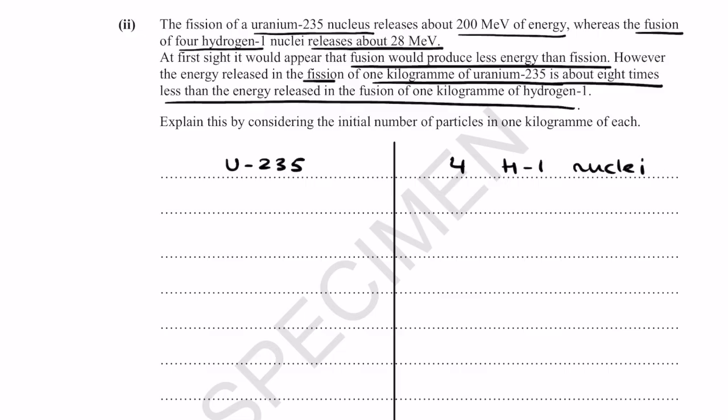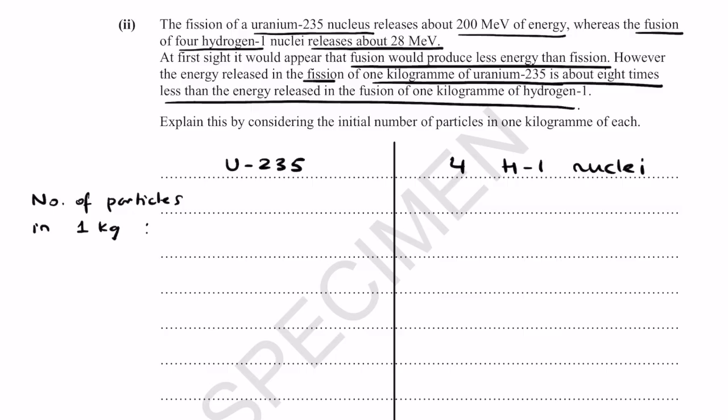So we can work out the number of particles in 1 kilo of each. Now we know that the 235 is in grams, and we know how many particles are in 1 mole of uranium-235, which is the Avogadro constant.